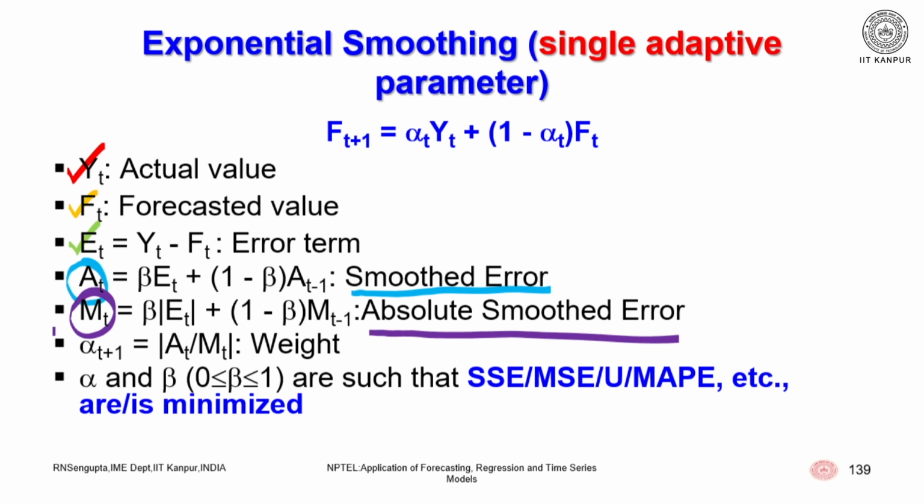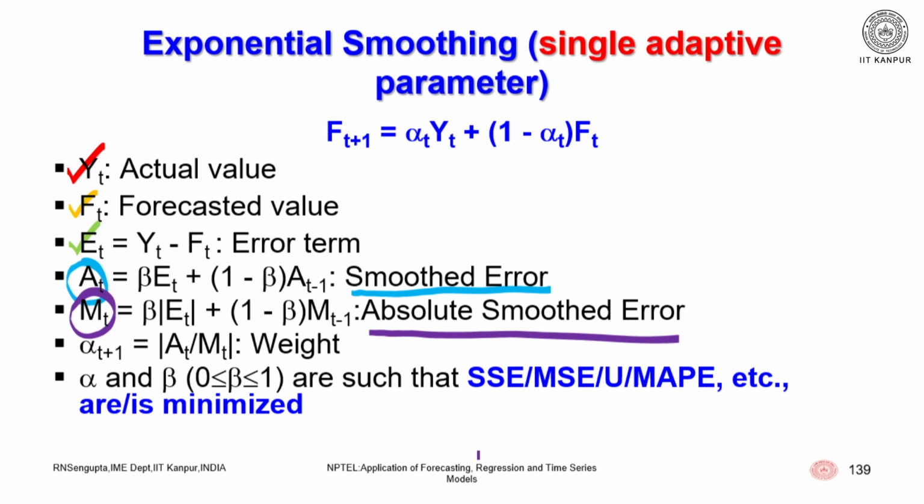What are these? I will come to that within a few minutes. And the corresponding adaptive parameter, which will be for the next instant, t plus 1, when we move one step forward, would depend on the values of at and mt, which are the smoothed error and absolute smoothed error.